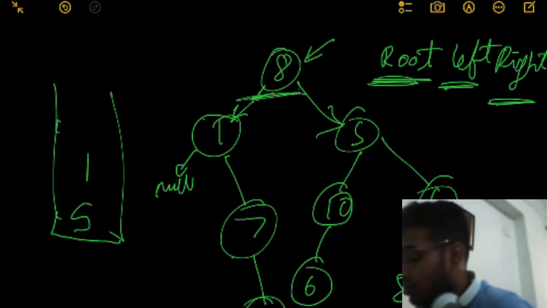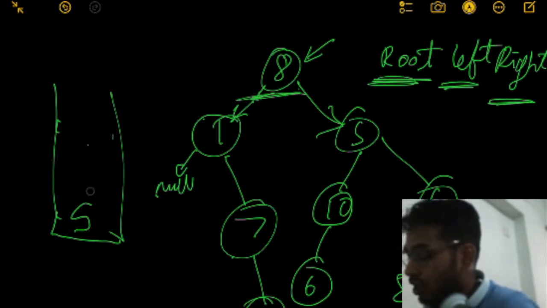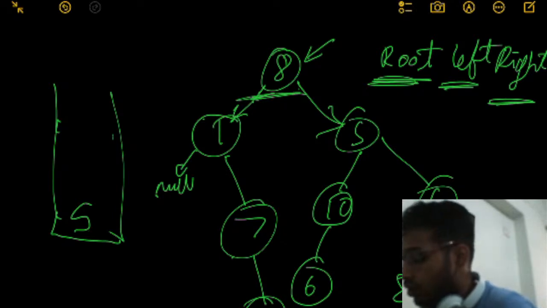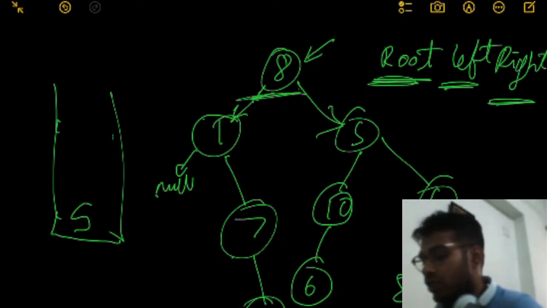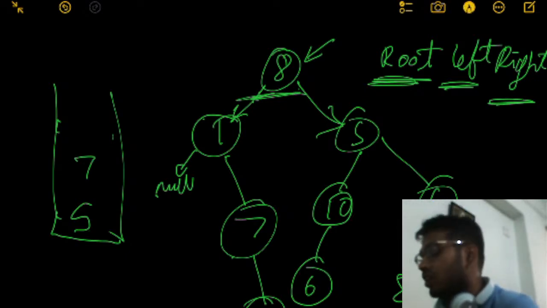Okay, and after that we look at the topmost element and we pop it, and we push it to the answer queue. So now 1 is gone away, and we push the neighbors of 1 onto the stack. The neighbor of 1 is null, so we don't need to push it. Then the next neighbor is 7, so we push 7 onto the stack.